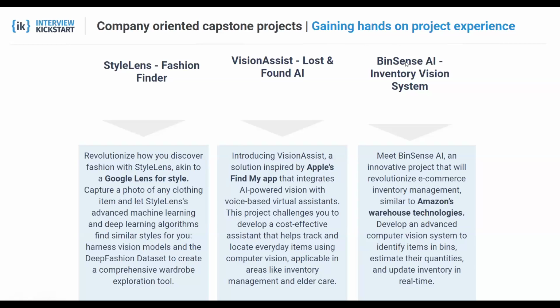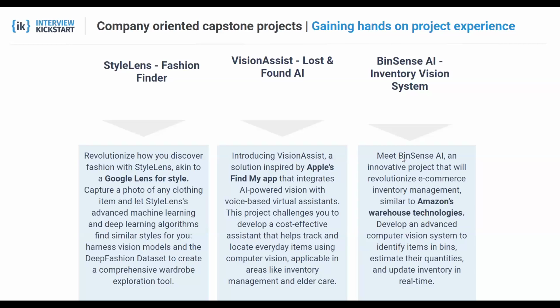Then you have something like BinSense AI, inventory vision system, which is more of a business industry product, wherein this product aims to organize inventory management, right, similar to what Amazon's warehouse technologies have.